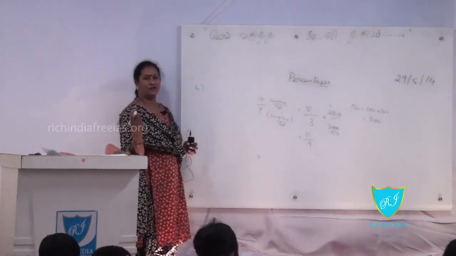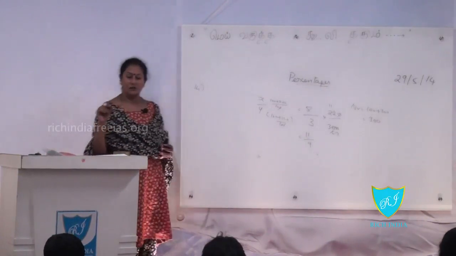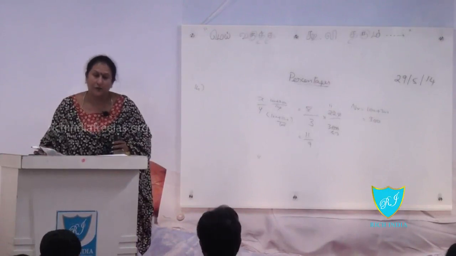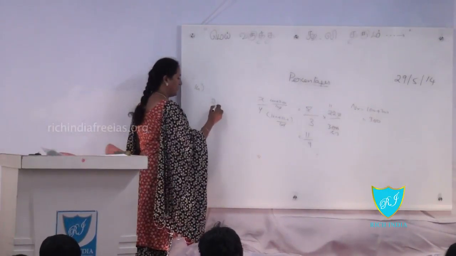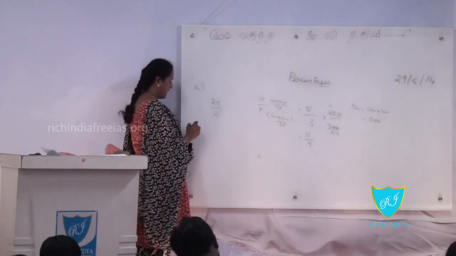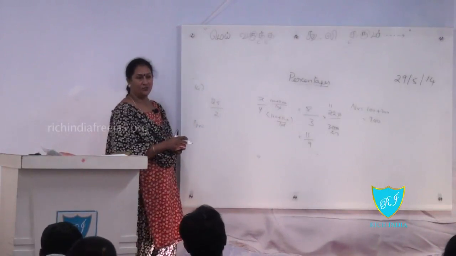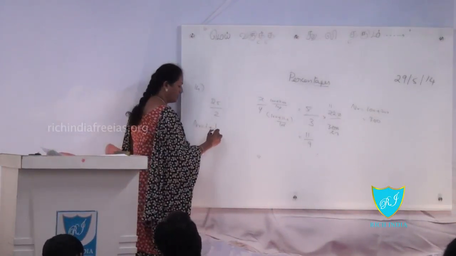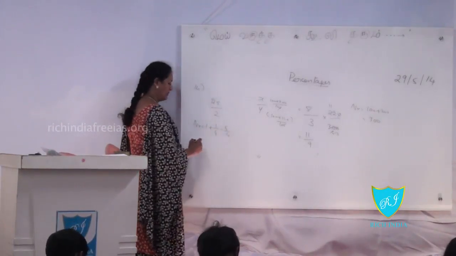What have they given as the fraction? 25 by 2. So the fraction is 25 by 2 and the numerator is increased by what fraction? 1/4. So if it is increased by 1/4 you add with 1. So the numerator change is 5 by 4.